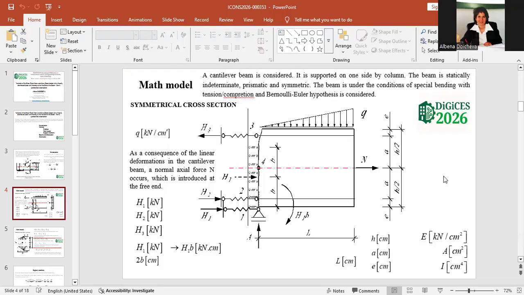We can look at this change of position using the B divided by H magnitude. As a consequence of the linear deformation in the cantilever beam, a normal axial force N occurs, which is introduced at the free end of the beam.